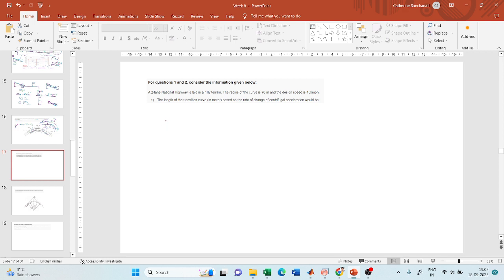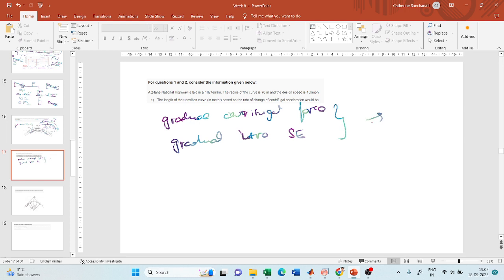The transition curve is the gradual introduction of centrifugal force and the gradual introduction of super elevation. Keep these two in mind, because based on these two, the equation for the length of the transition curve has been derived.